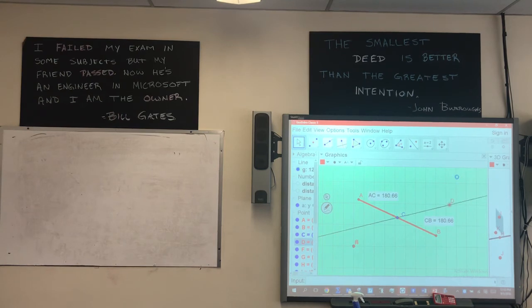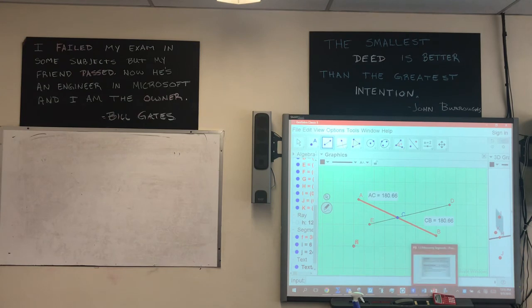That being said, we can do this. Let me get rid of the ray. All right, so that black segment passes through the midpoint of the red one, right? So that black segment is a segment bisector. Now the red one is not a segment bisector.